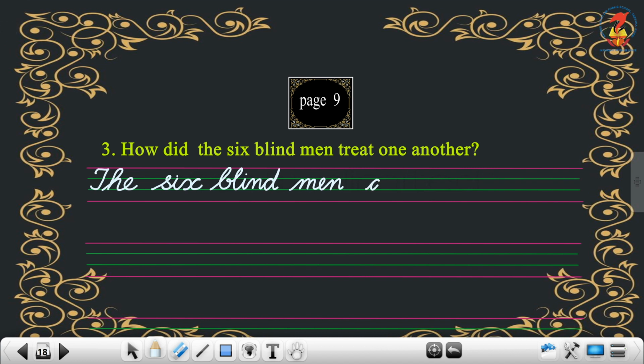Quarreled. Q-U-A-R-R-E-L-L-E-D, quarreled. You have to write at a stretch. Try to write at a stretch. Okay. Now I have space here with. So I am writing W-I-T-H, with. Cut for T, dot for I. Each other.